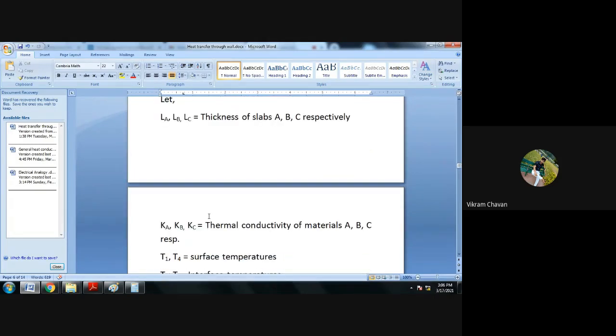Next, K suffix A, K suffix B, K suffix C are the thermal conductivities of materials A, B, C respectively.